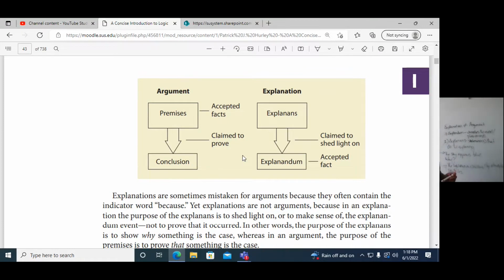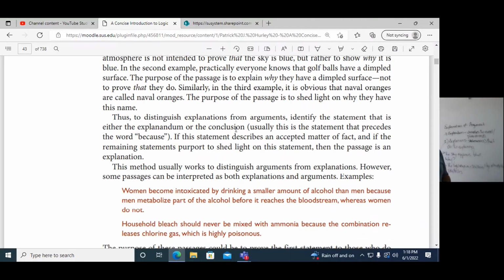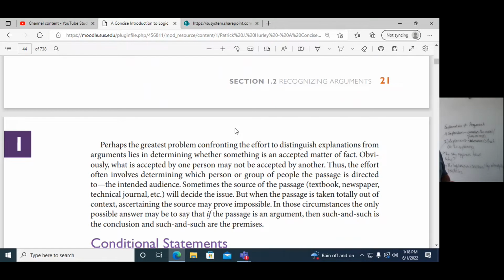Now the existence of some particles is accepted fact, and in another time it was considered controversial. So most explanations have been argued for in the past. It's just that some things are accepted fact, and the things that are accepted fact are part of our general encyclopedic knowledge. And that is the difference between argument and explanation.